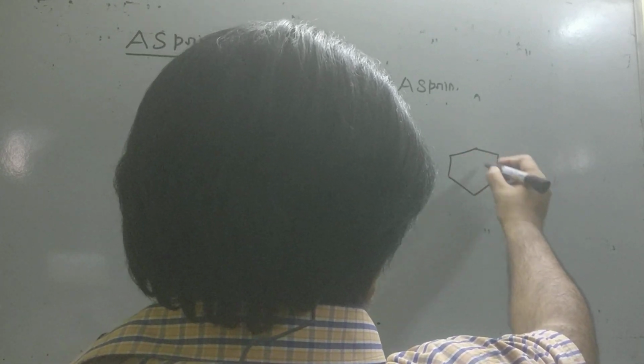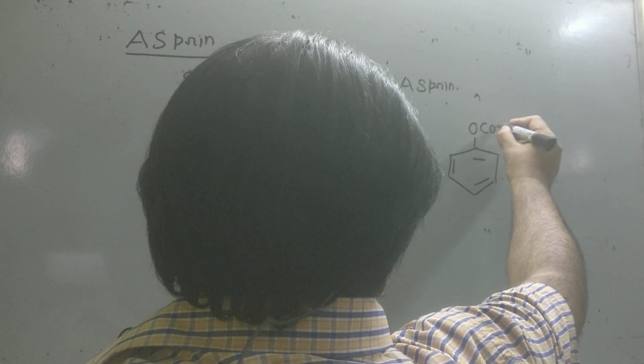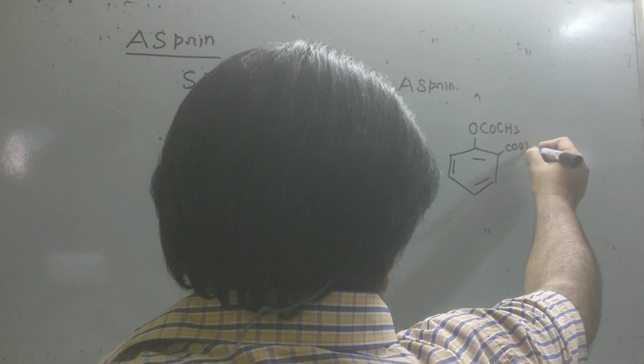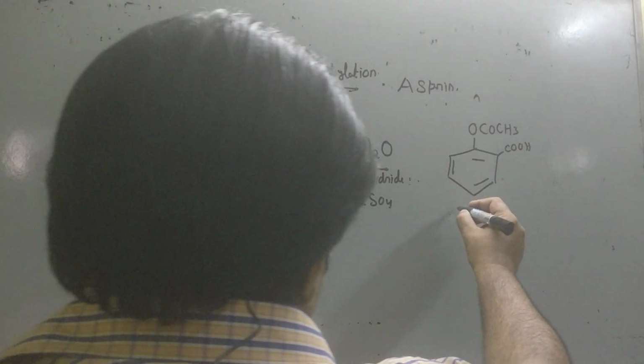This is aspirin, made by acetylation of salicylic acid, which is made from phenol by using the reaction called Kolbe-Schmidt reaction. This is what stands for aspirin.